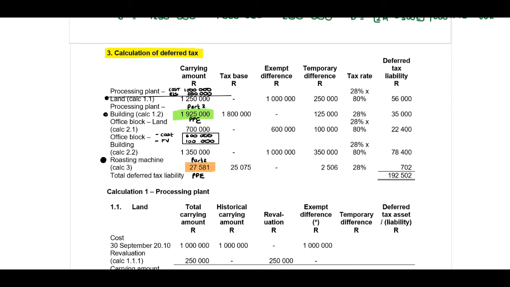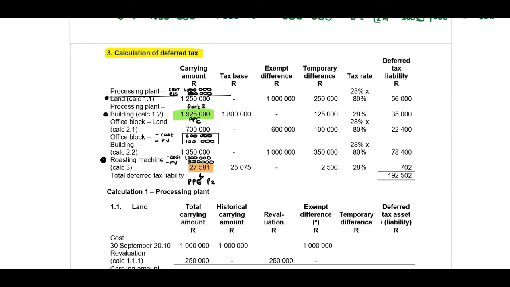Sorry guys, I just quickly want to take this out here because my space is a little bit limited. Okay, but I need to indicate where did I calculate this. This is my PPE note, part 2, right? Now, if I look at my building, I will have a cost of 1 million. I will have a fair value adjustment of 350,000.